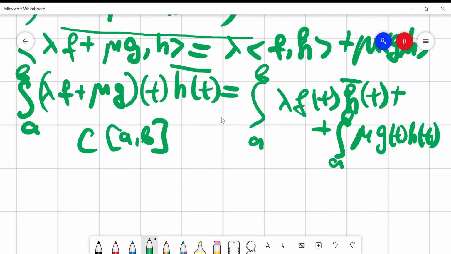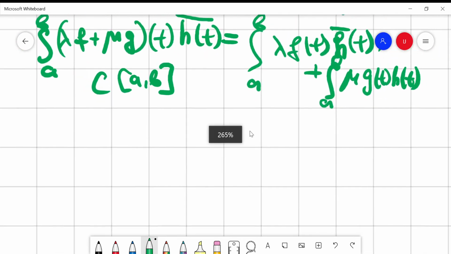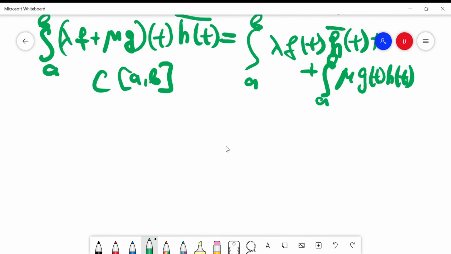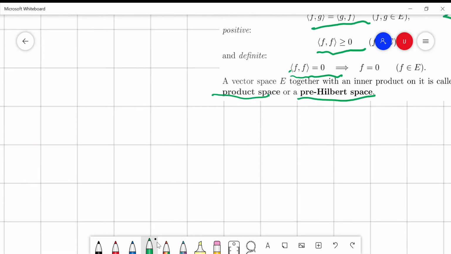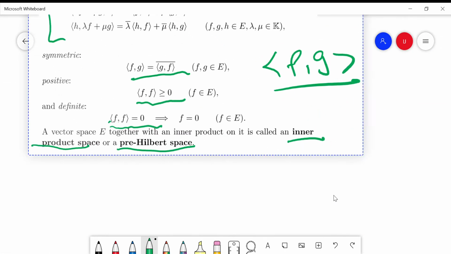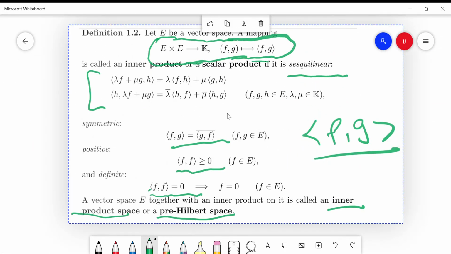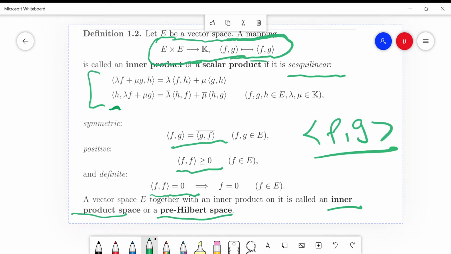Now we can continue, and it directly comes down to this form. Pardon, I forgot the conjugate operator here. So now we have proved the first part of sesquilinearity, but there is a second, and it can also be done in a similar manner.